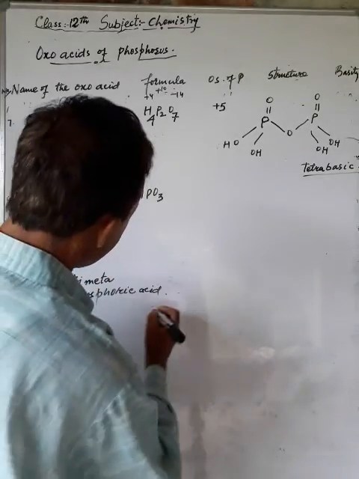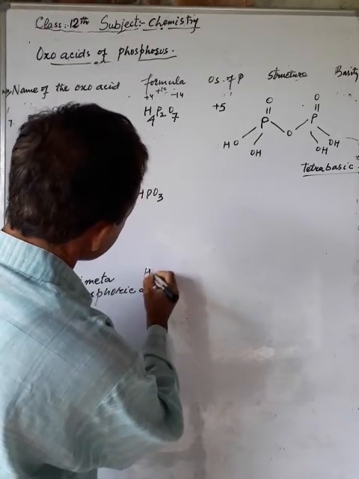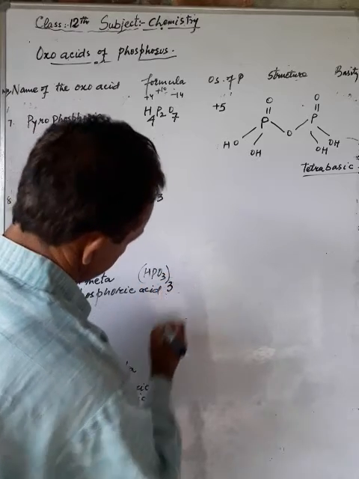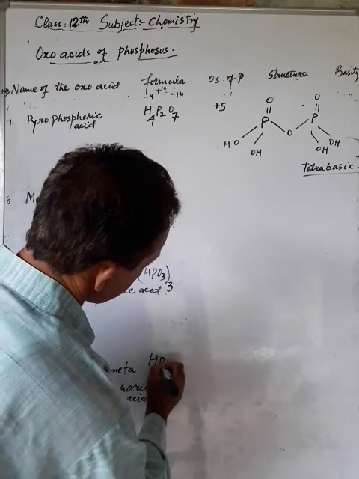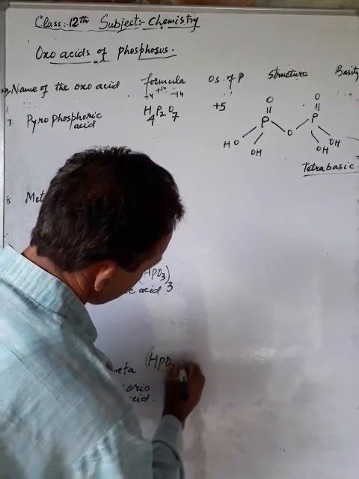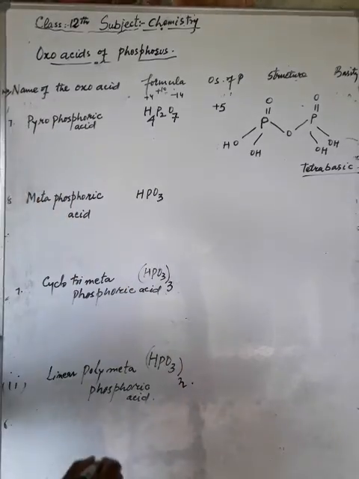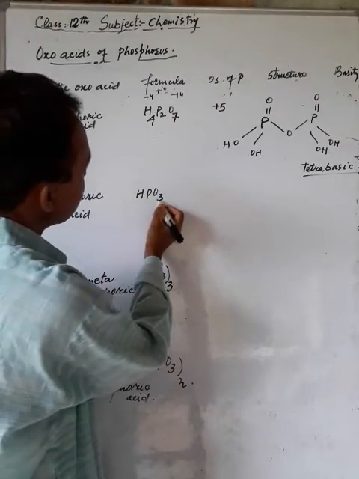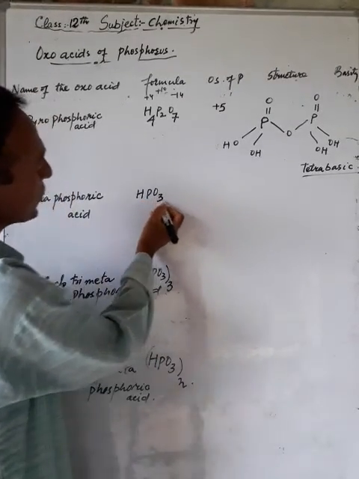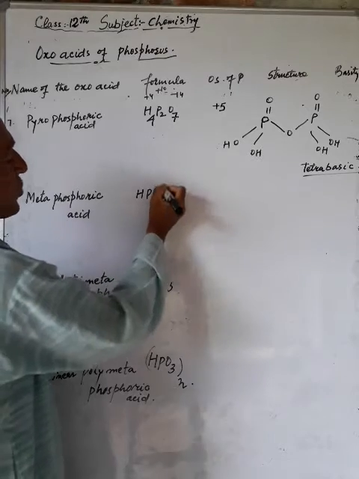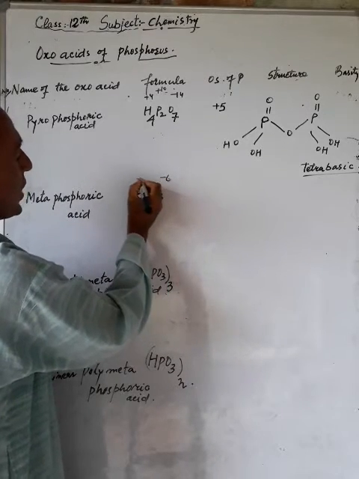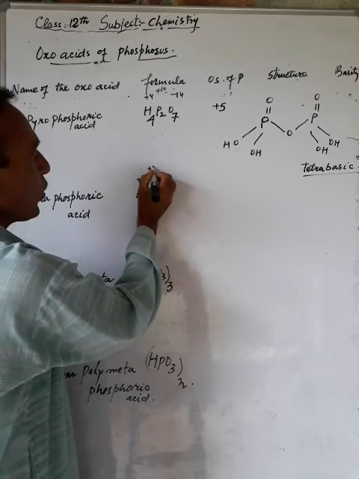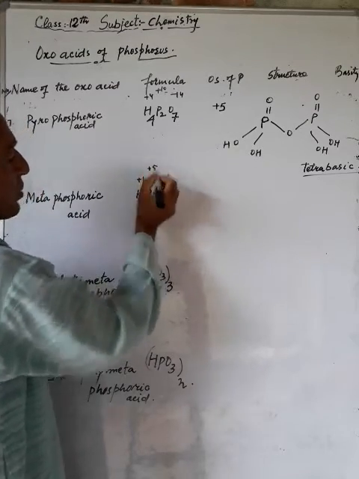So its formula is HPO3 whole thrice, or HPO3 n times. If we take the oxidation state of phosphorus in HPO3: oxygen is -2 times 3 is -6, hydrogen is +1, so phosphorus must be +5 so that the compound as a whole becomes neutral.